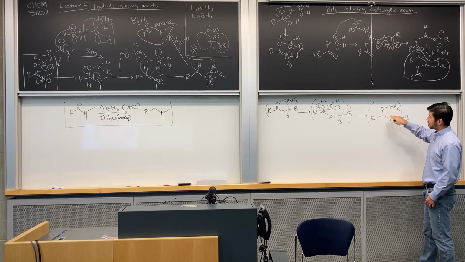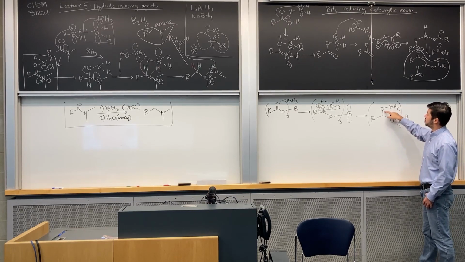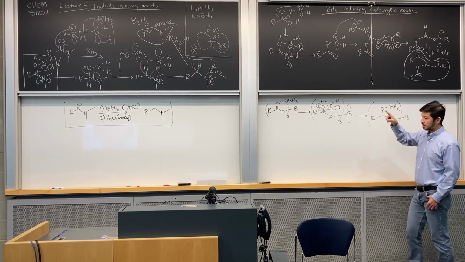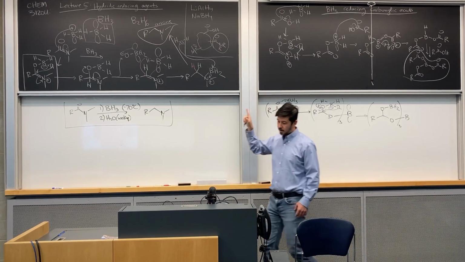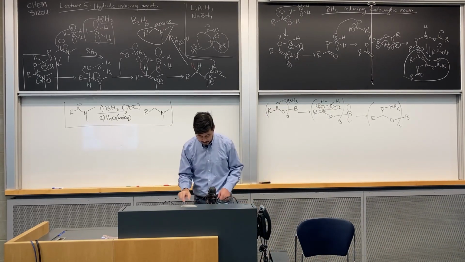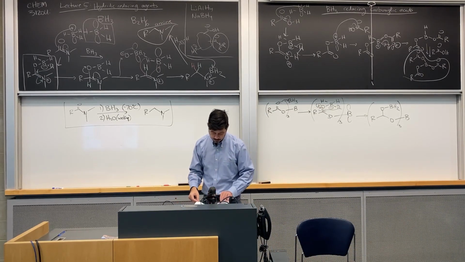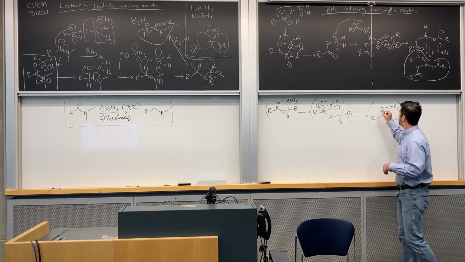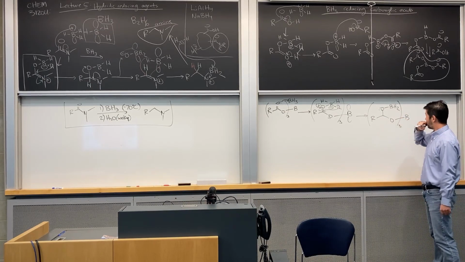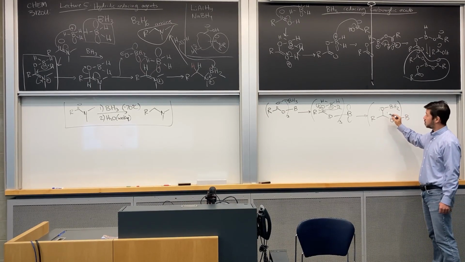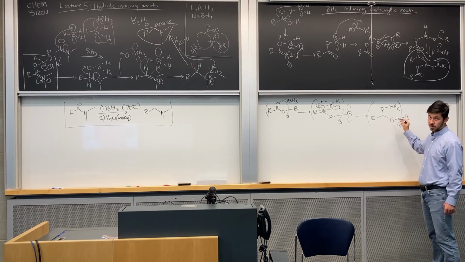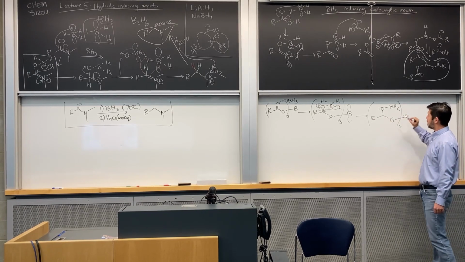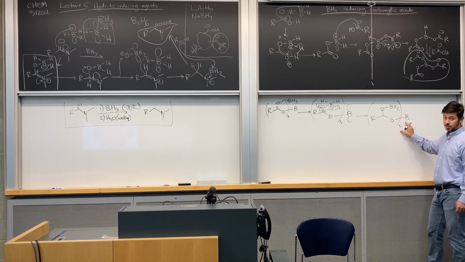Now, what's going to happen next? Recall that this OBH2 here, we've seen something similar over there. So what do you think is going to happen? We now have a system where we have two oxygens who can compete with one another and can donate electrons. Now keep in mind, this is a triborate ester here.